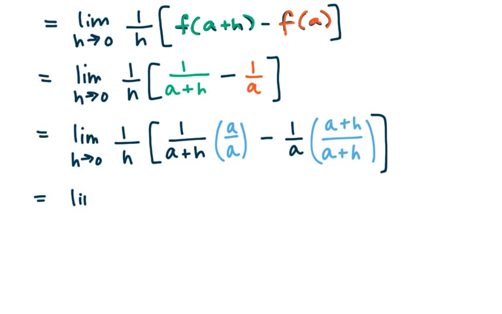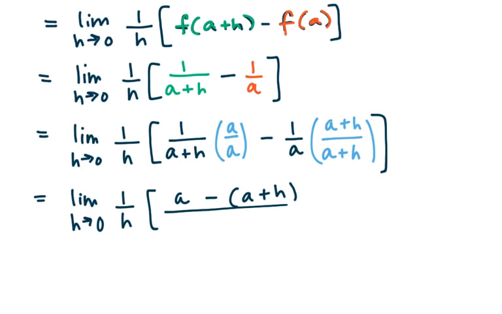Simplifying what I have inside my square braces, I have a minus a plus h all over a times a plus h. So I subtracted my numerators, and then my denominator became a times the quantity a plus h.